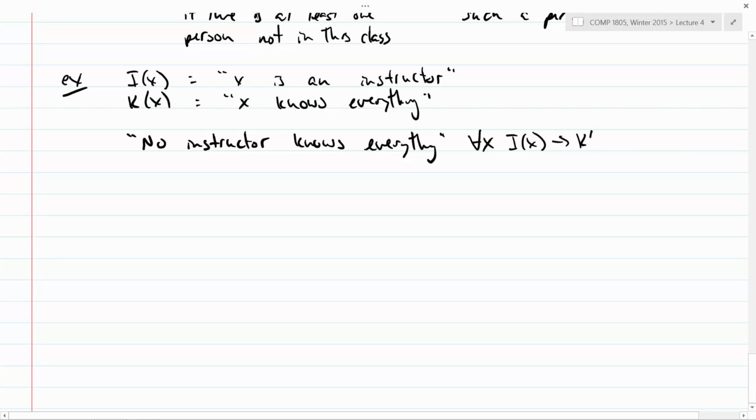Implies K of X? Not I of X implies K of X? Okay, any thoughts on this? Yeah? Okay, other thoughts?